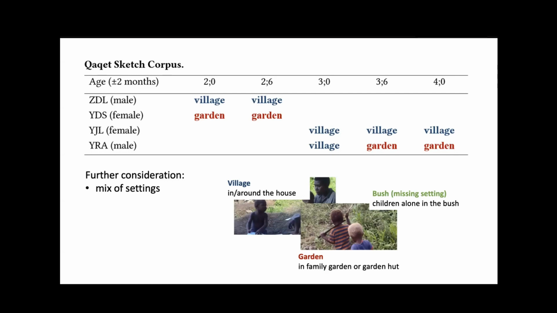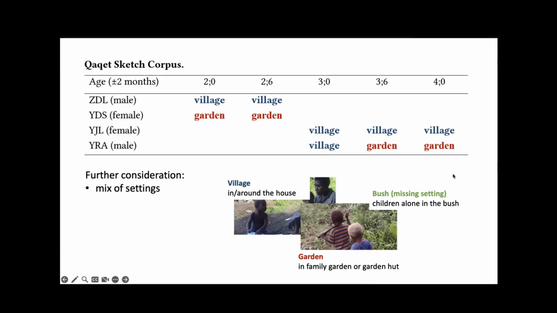And one consideration that we had was we tried to capture a variety of settings. We couldn't manage to do any recordings in the bush. It was technically just too challenging, but we do have village and garden scenarios. And I just wanted to use this slide to highlight an important trade-off or balance between 2 considerations.